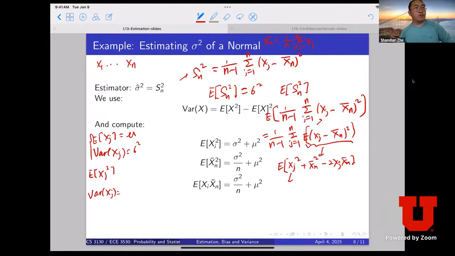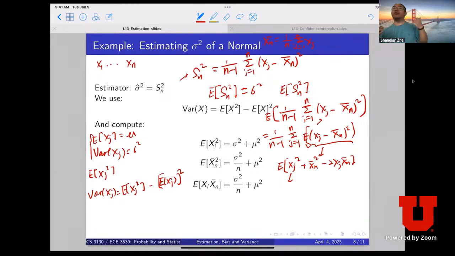Remember we have two possible definitions. Let us use one definition, which is the variance of xj equals the expectation of the square subtracted by the square of the expectation.